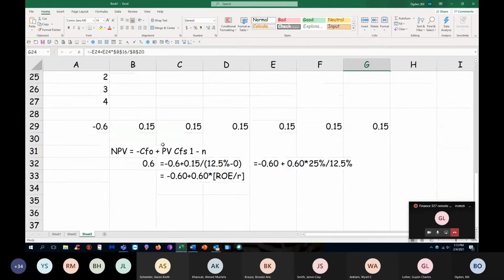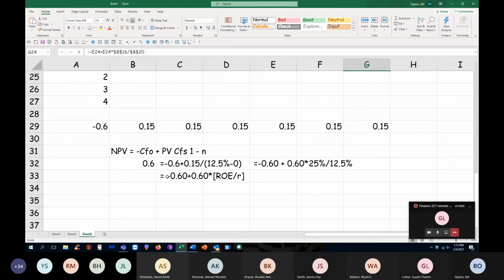Okay, but what would it take for this NPV to be positive? Just in general, what do you see happening here? Let's take the very easy case. What if ROE and R are the same? So what we'd get here would be minus 60 plus 60.60 times, these are equal, so this would be 1, wouldn't it? So that would be 0.